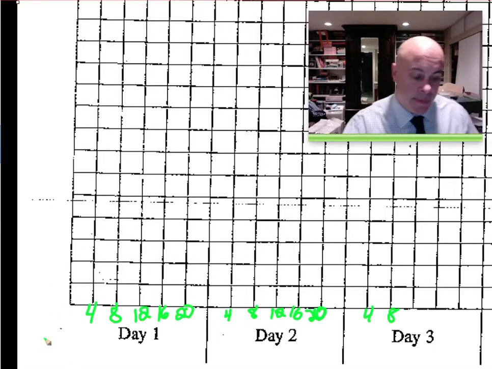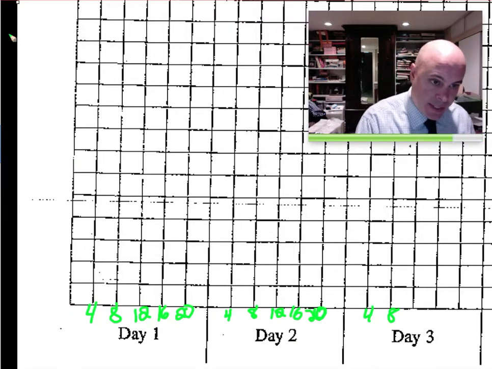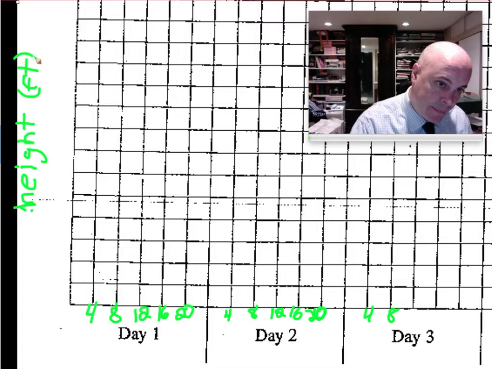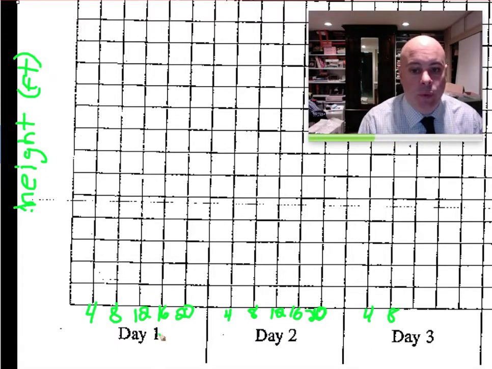So in class, we had to label this, and it's very hard to write on this sideways, so bear with me. So this was height. And then we need to say the units, so we'll say feet. All right, now we're going to go up.